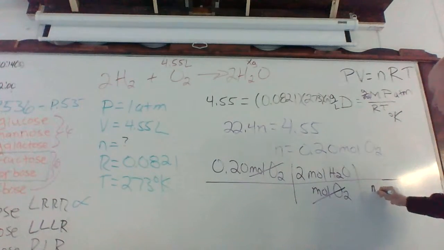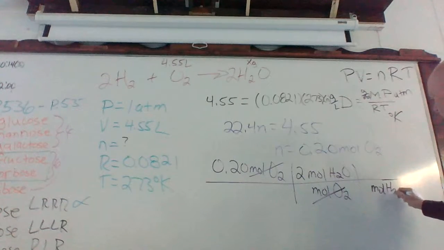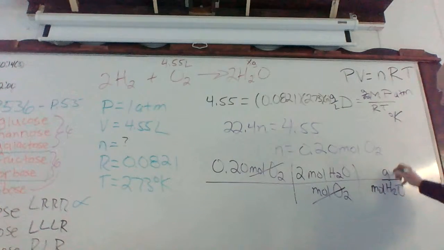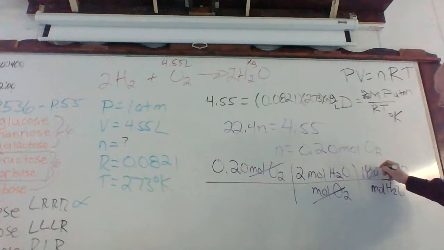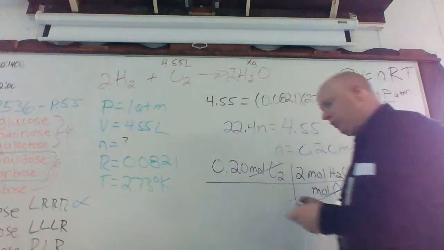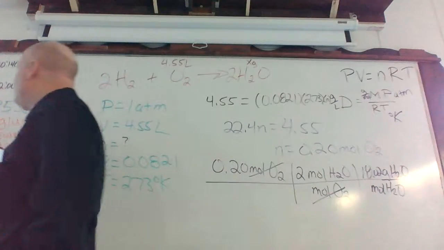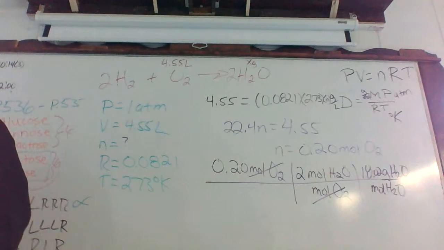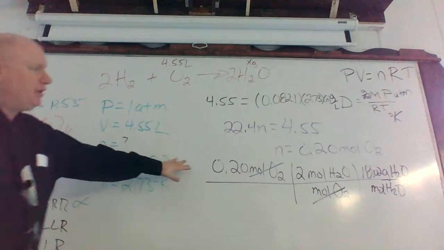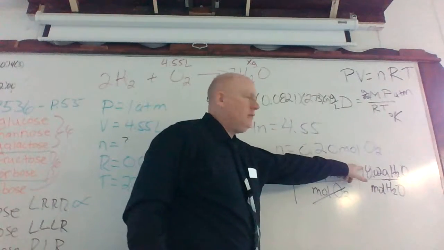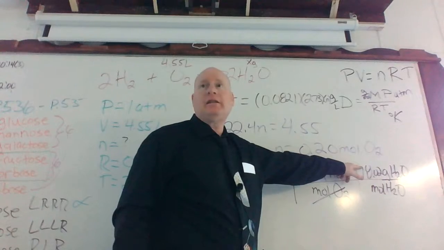So for every mole of H2O, you're going to get what? Okay? I was just seeing if anybody fell in the trap. But you didn't. Because if you just took 0.20 times 18, that gives you 3.6.